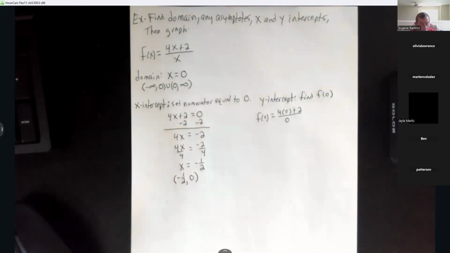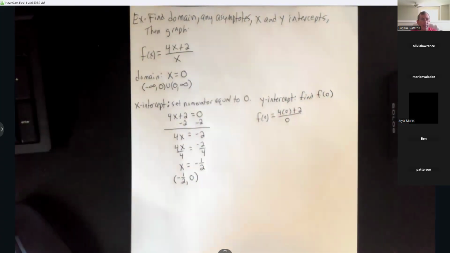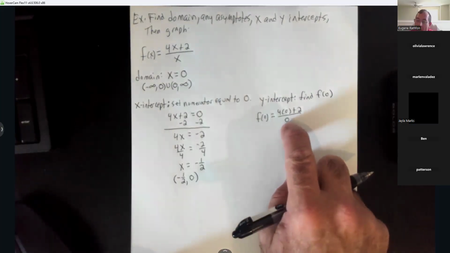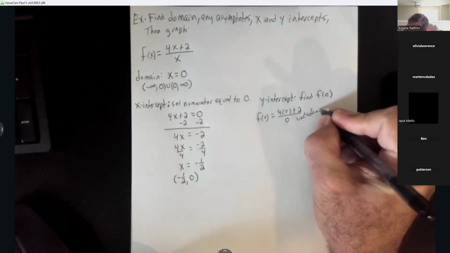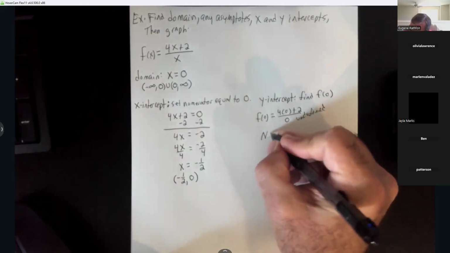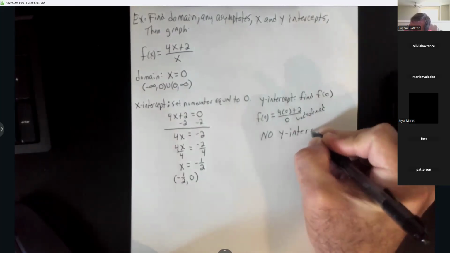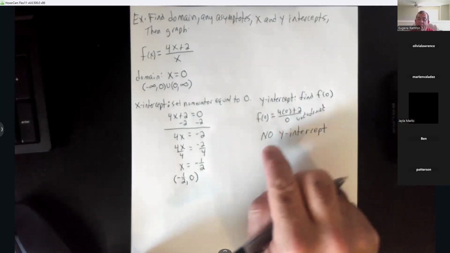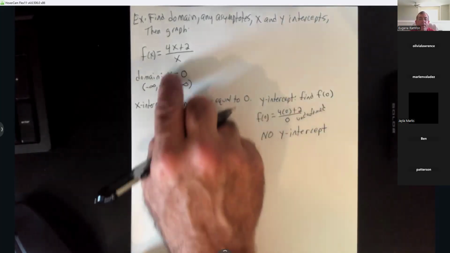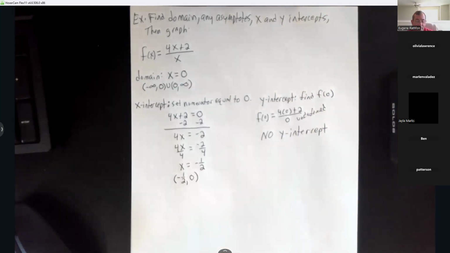So y'all, can we even work that? No, because we got a 0 in the denominator. So this is undefined. That means there is no y-intercept. You can't divide by 0, so there's no y-intercept, because we said right here, we're kicking that 0 out anyway, right?